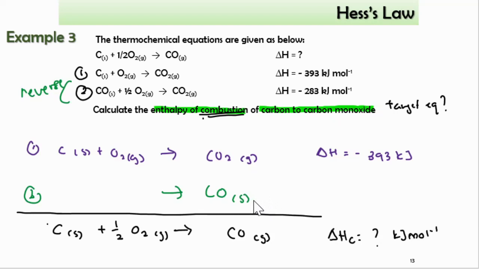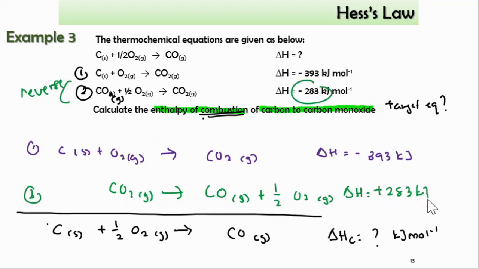And don't forget to change the sign of delta H. State untuk carbon monoxide, change to gas ya. Delta H will be positive 283 kilojoule.